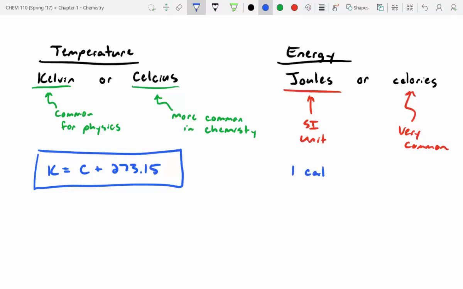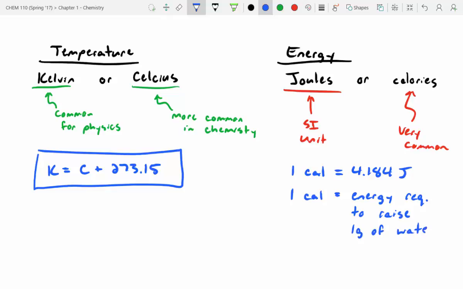1 calorie is equal to 4.184 joules. Another way of defining a calorie is that it is the energy required to raise the temperature of water, specifically 1 gram of water, by 1 degree Celsius.